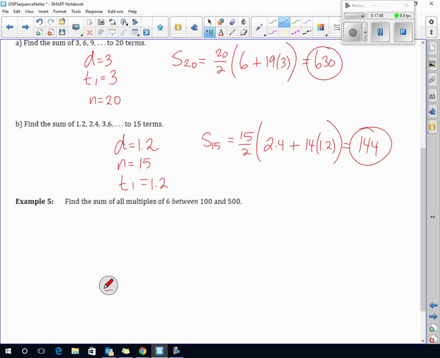Do you know what multiples of 6 mean? 6 times what shows that number. It's almost like saying factors that have 6 in it. So would 100 be a multiple of 6? No. So what's the first multiple of 6 after 100? 102 is the first one.